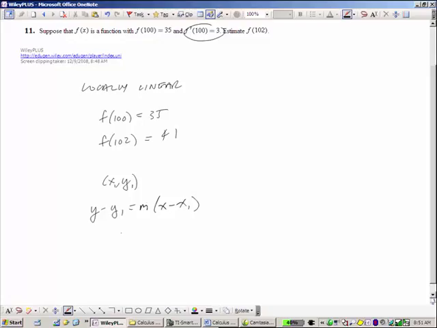Okay, so I'm going to change this around a little bit. I'm going to say y minus y1 is equal to the derivative at x1 times x minus x1. Is that okay? Instead of saying slope, saying the derivative at the point. And finally, I'm going to change it to plus, just get it all on one side. Is that okay?